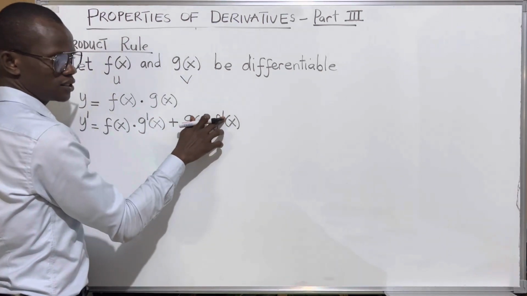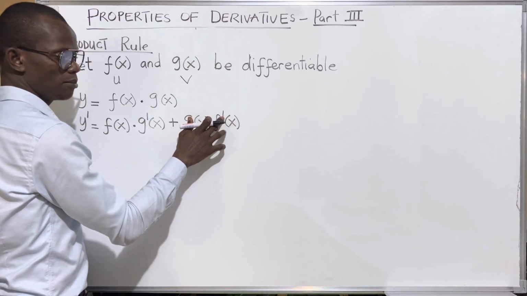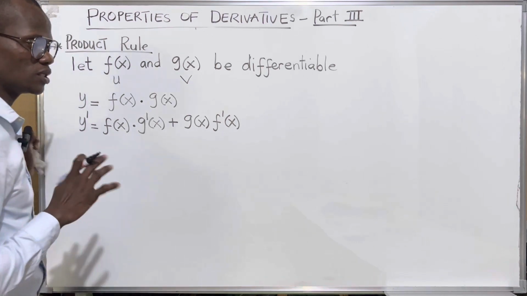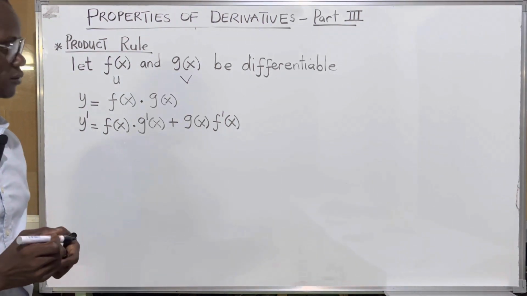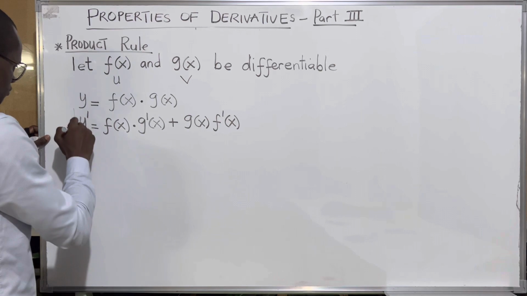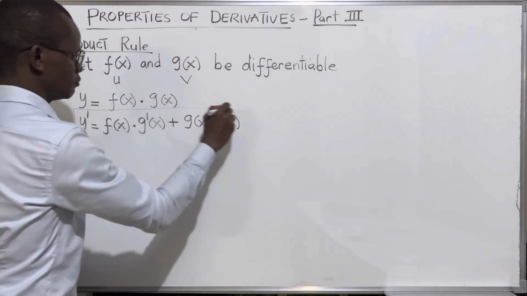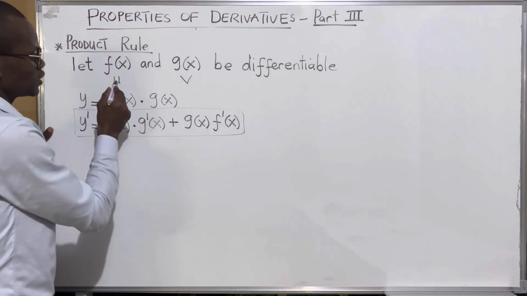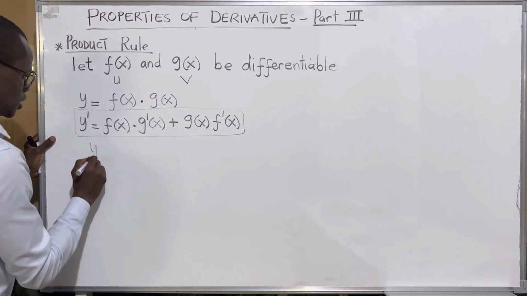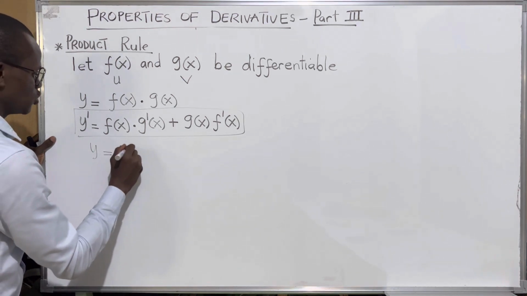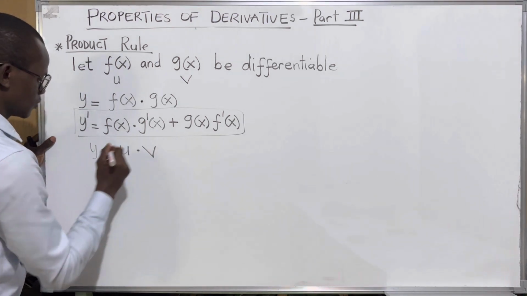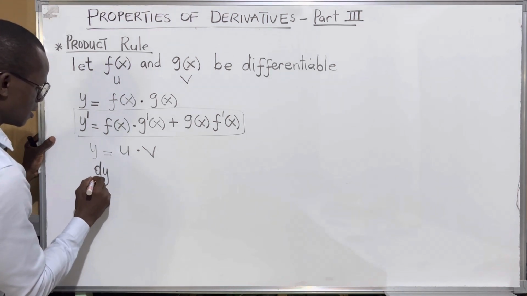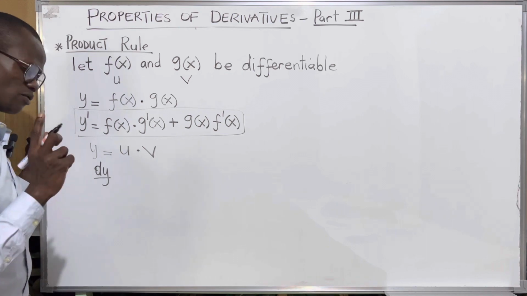So whenever you don't see this stroke, which we call the prime, it means that function was not differentiated. This is it. This is the rule, the product rule. Or if it was in u and v, if you have u times v, we can also say dy by dx.